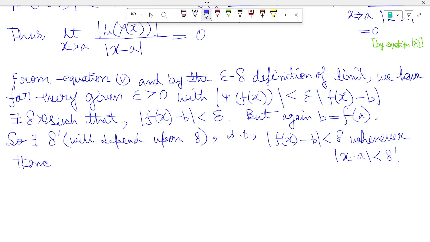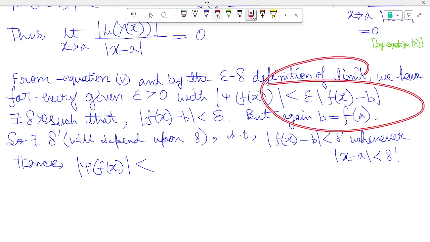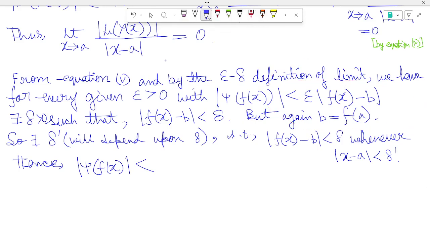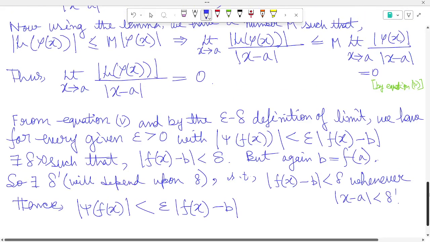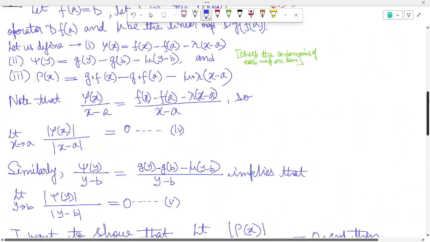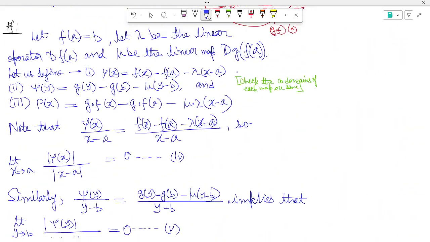So hence, what is psi of f(x)? Psi of f(x) is this thing, f(x) minus b. But f(x) minus b, how can you define it? Is there any way?